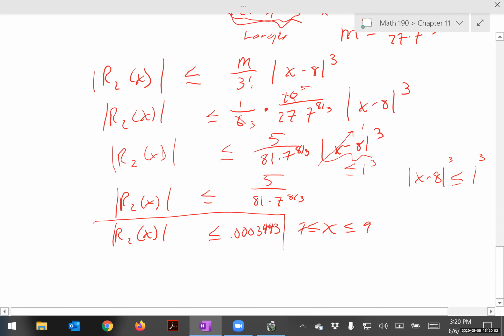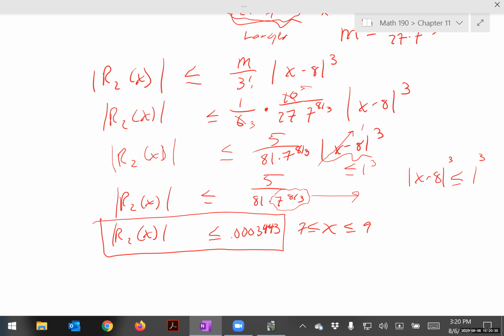So in the olden days, before computers, this is how they would have to calculate the error on these things. They would have a table of books that have these values, like 7 to the 8/3. They would have computed these values, and you'd have to look it up in a table of values, then do some multiplication and division, and you would come out with this value and say, oh, okay, so that's the error.